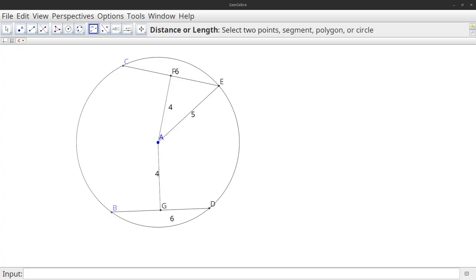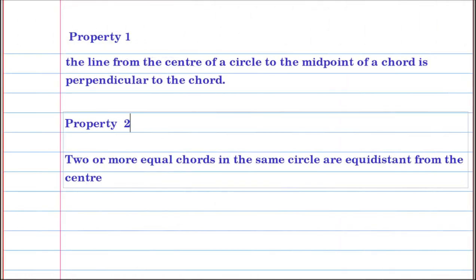Or you can rephrase it to say if a line is drawn from the center perpendicular to a chord, it bisects the chord.